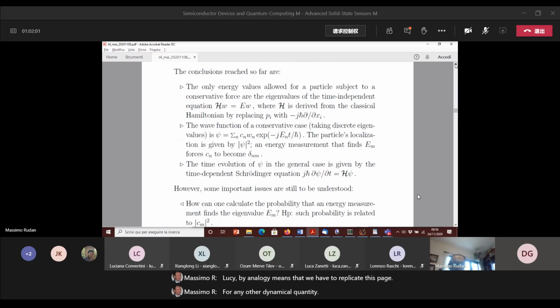That is, we postulate that for any dynamical quantity of interest, we must construct an eigenvalue equation. Then the solutions of the eigenvalue equation, that is the eigenvalues, are the possible values taken by the quantity of interest.